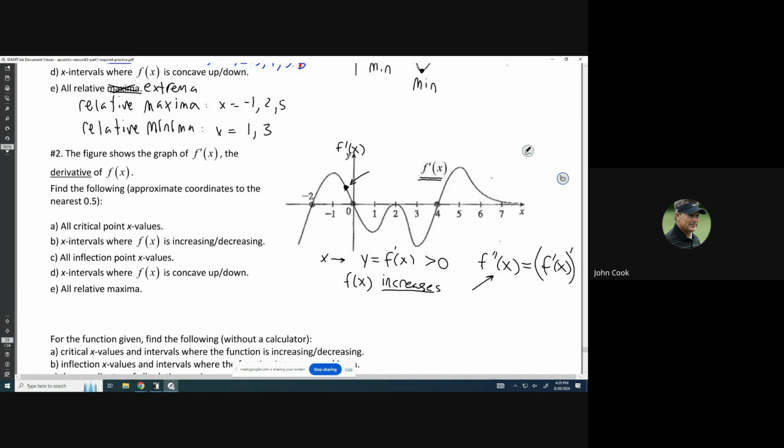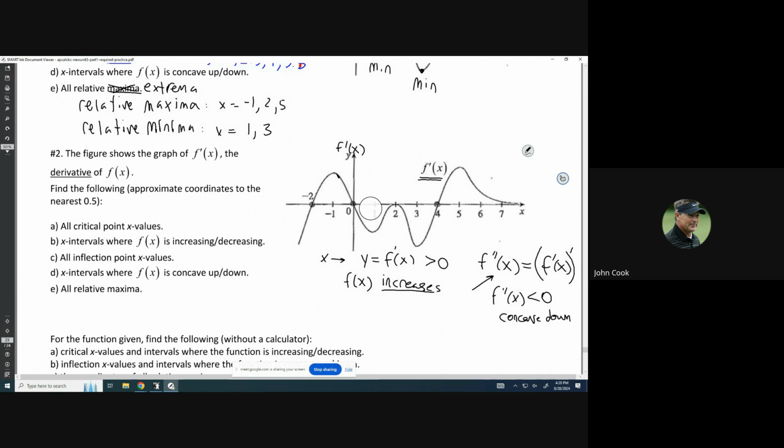So at that point right there, the graph is going down and to the right. That means that the derivative at that point is negative. So the derivative of the derivative is the second derivative. At this point, the first derivative is decreasing, so the second derivative is going to be less than 0, or negative. So at this particular point that I've highlighted, this is going to be concave down. Okay? That's all I know about it. It's increasing and it's concave down at that particular point.